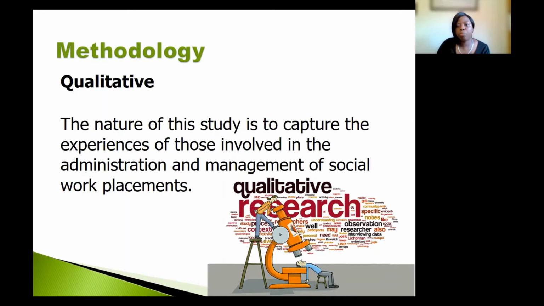So I'm using this approach because I feel that it's the most appropriate means of gaining experiential data from participants. And so the methods that I'm using will provide a description of the experiences.